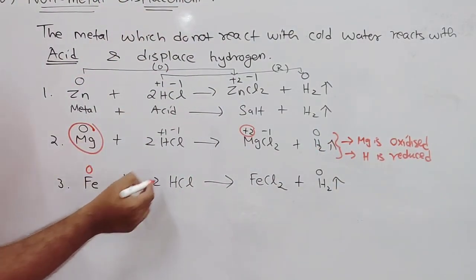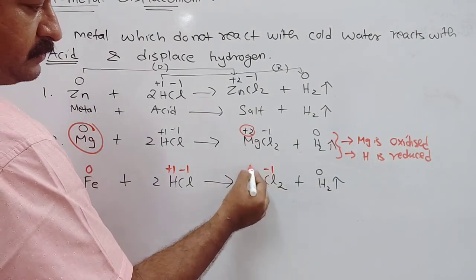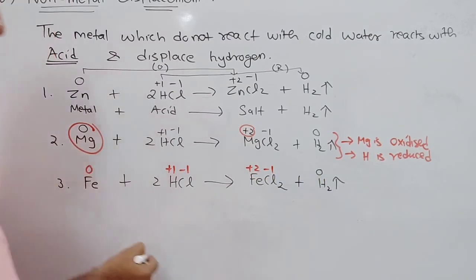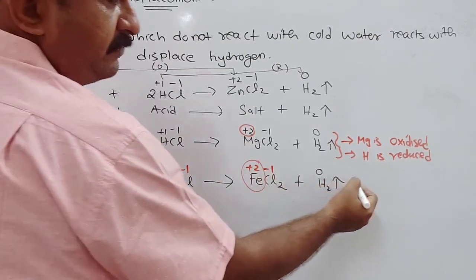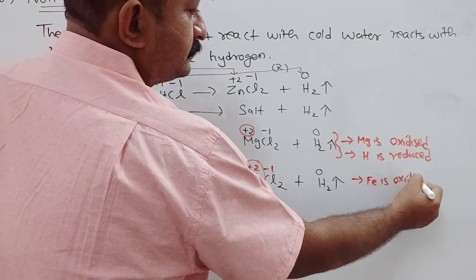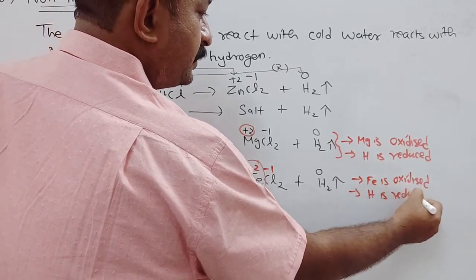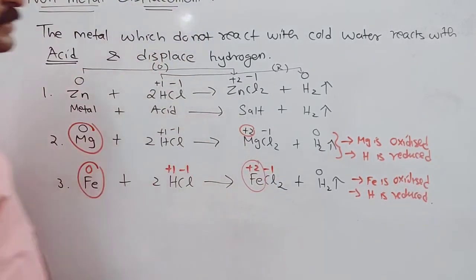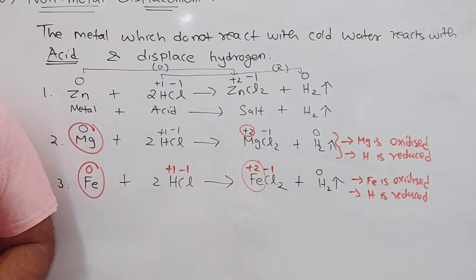Same way here it will be 0, here plus 1, minus 1, here minus 1, so here plus 2 and 0. So if you see Fe, Fe goes from 0, so Fe is oxidized and hydrogen is reduced. So all these reactions that I explained are of metals which do not react with cold water.